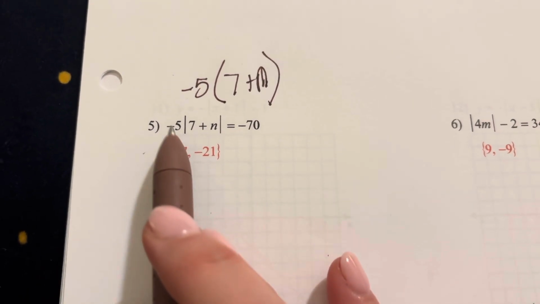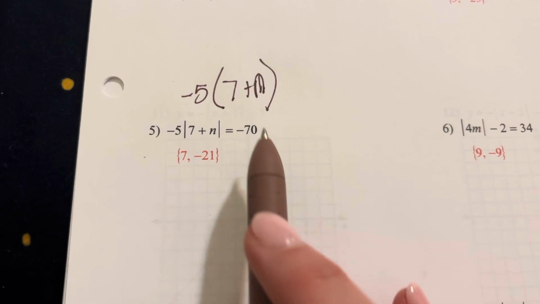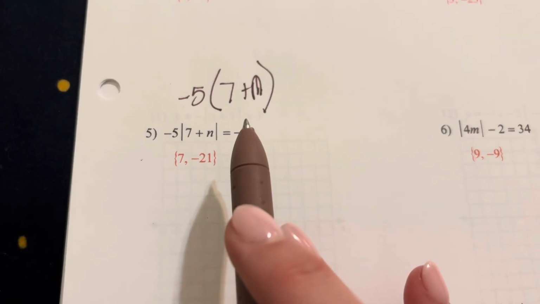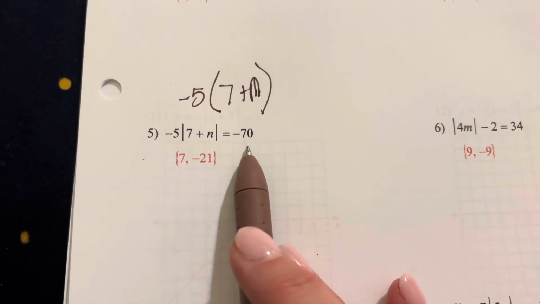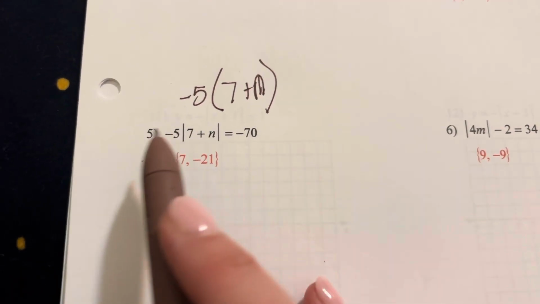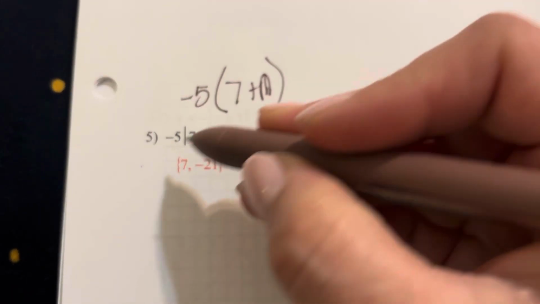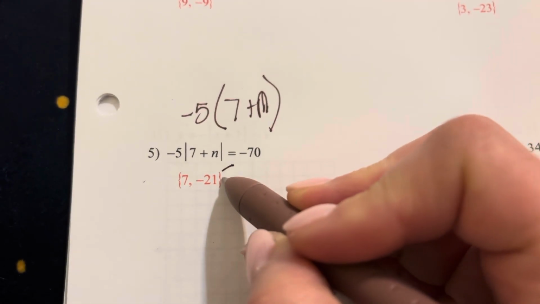We don't want that here. We want that to come over here before we solve the problem. So before we can go further, let's divide both sides by negative 5.